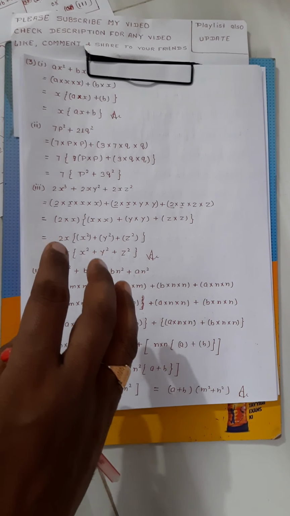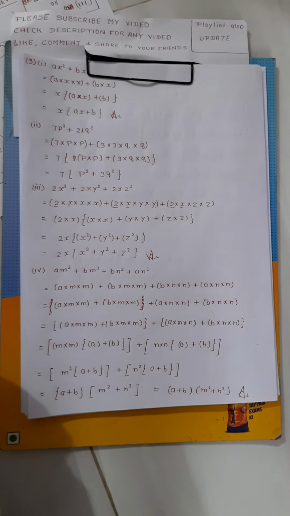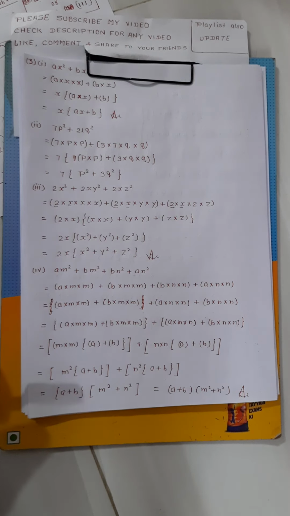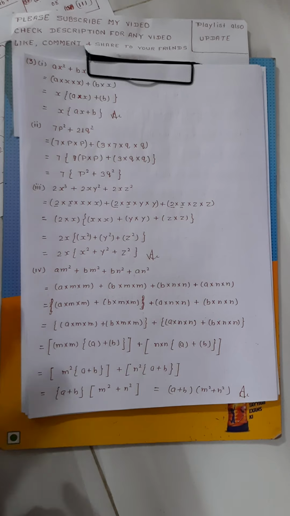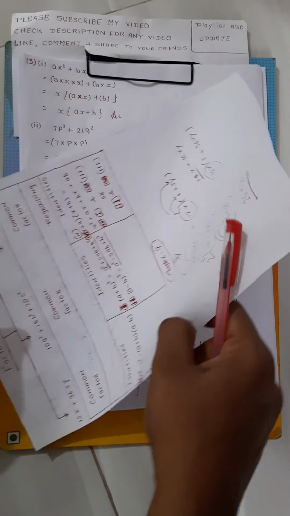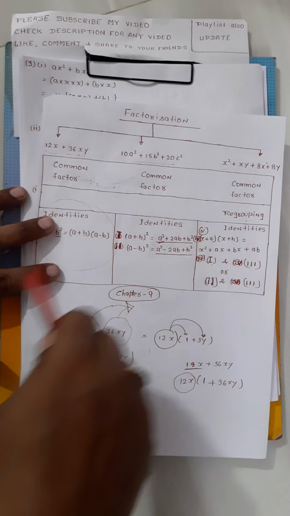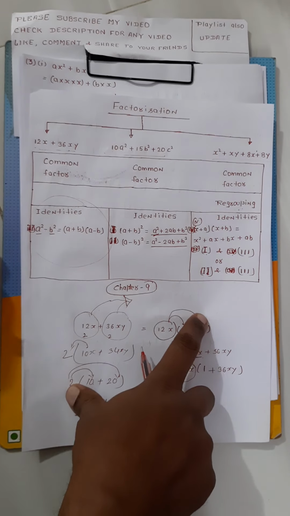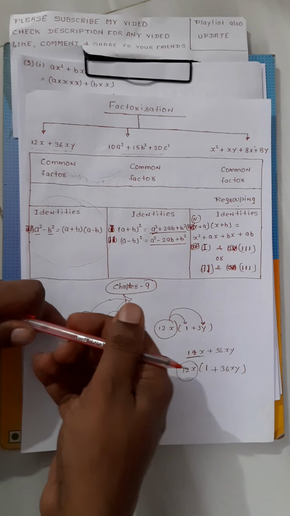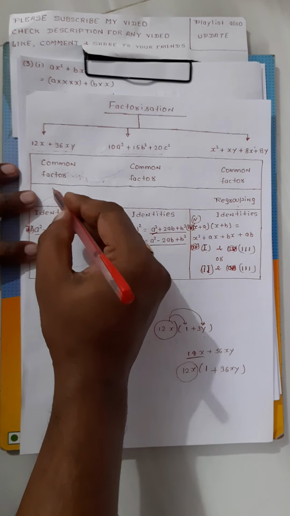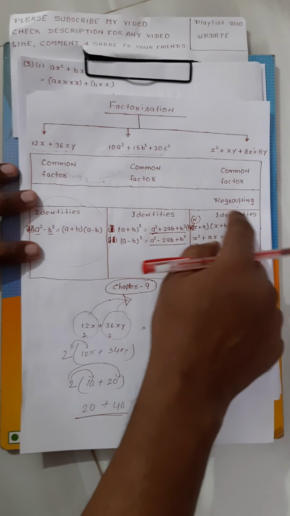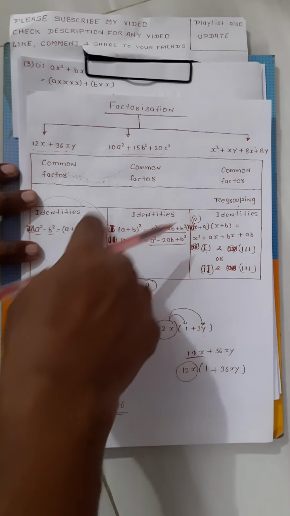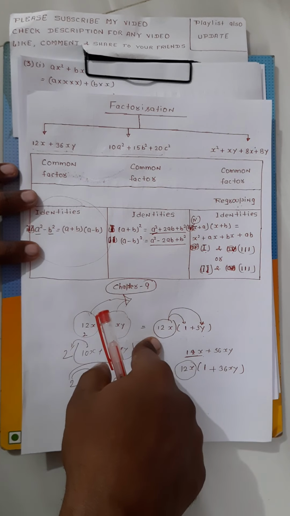Actually, in this third question all the methods are mixed. As we have done so far, first we take out the common factor, then we see the regrouping, then we work on identities.